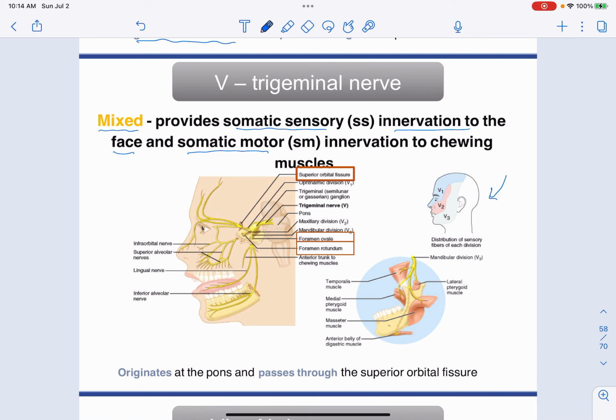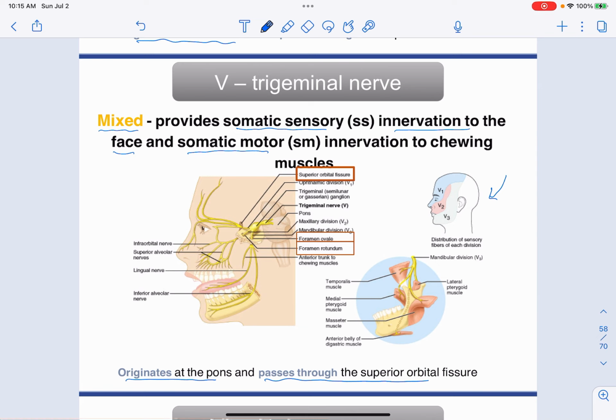You remember our lateral and medial pterygoid muscles. The trigeminal nerve innervates these muscles, okay? So it has 2 functions that you need to know. It is a mixed nerve. It originates at the pons. You remember the pons, and it passes through the superior orbital fissure as well.